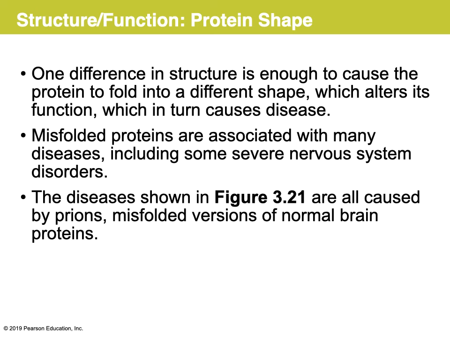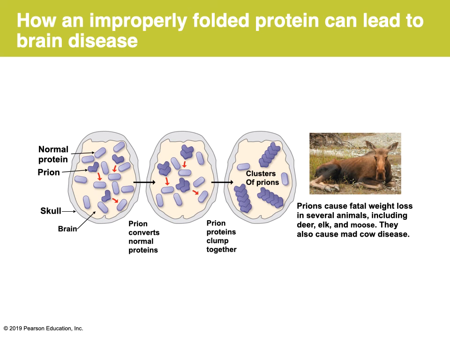Well, a prion is simply a misfolded protein, but somehow prions can make normal brain proteins fold incorrectly. So a prion is a misfolded protein, but it's also contagious. It causes other brain proteins to become misfolded.